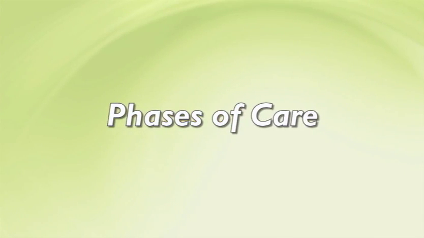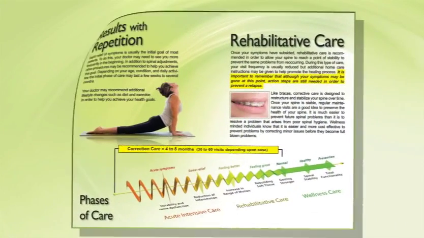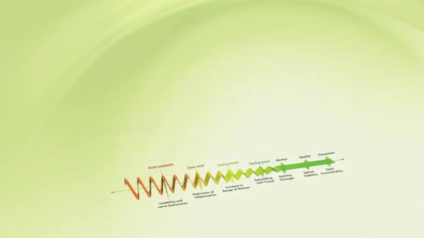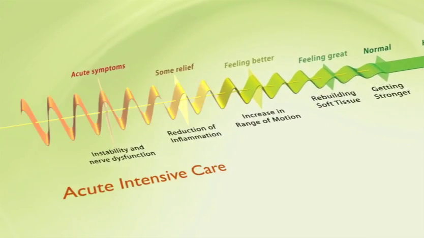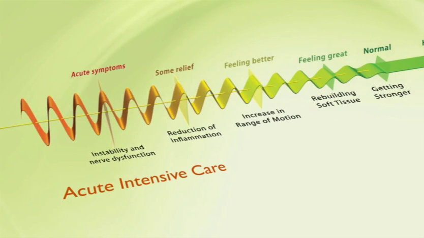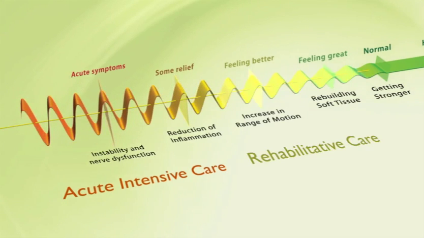Notice in the continuum at the bottom of the page, the first phase is called acute intensive care. This type of care covers a period from the time your symptoms start until your symptoms are gone. The second phase is rehabilitative care, which begins when symptoms disappear and continues until your spine is stabilized.